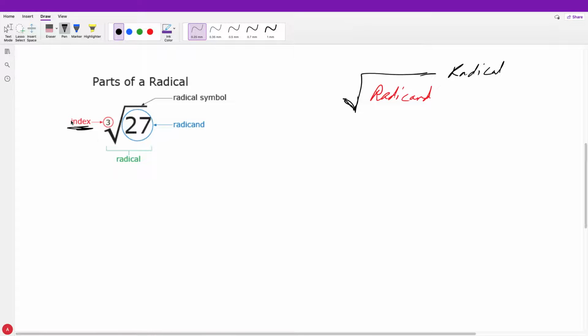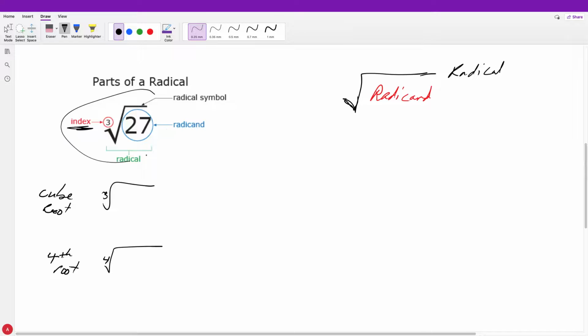If there's a 3 written, then that will be considered our cube root. If there's a 4 written there, that is our fourth root that we're looking for. So that number there is telling us what root we're trying to take or what root we're trying to look at. And the entire thing itself is just referred to as a radical.